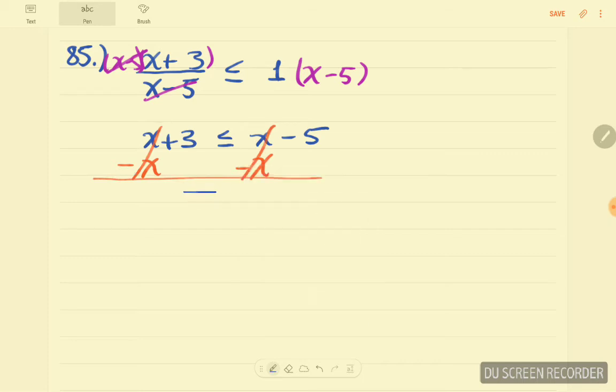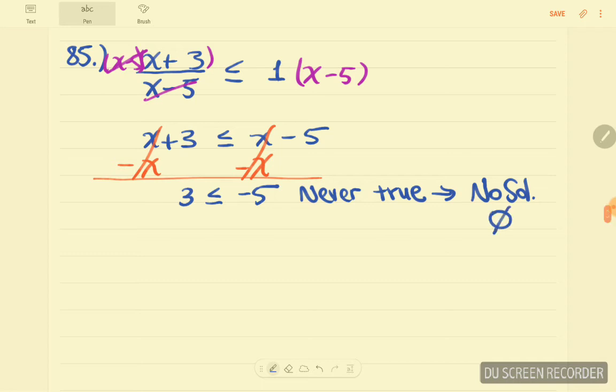And then you have a statement, 3 is less than or equal to negative 5, which is never true, which might lead you to say there is no solution, the empty set. So that's most likely what most of you would do, and that would be incorrect.